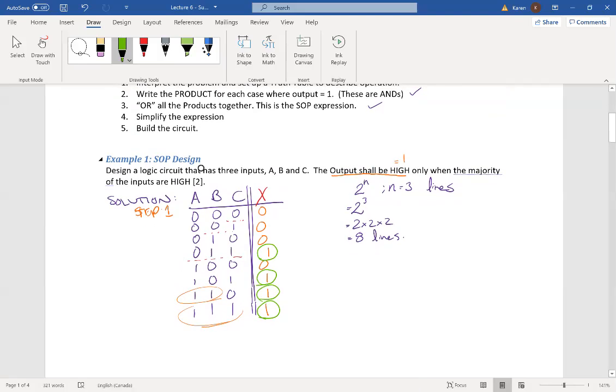And I'm going to write the product for each case where the output is 1. Now, what do I mean by writing the product? I write the product, which looks like it's going through an AND gate, right? It's going through an AND gate. It looks like they're multiplied together. That's what product means. So the products are A, B, C for each of these. And this is step 2.